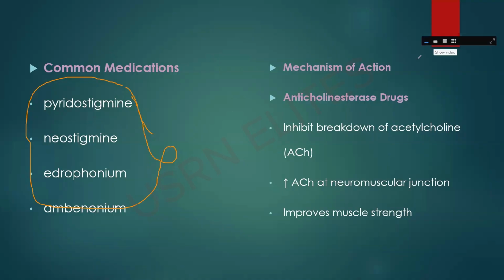Yes, I can hear you now. Okay, so what I understand is that in Alzheimer's disease, acetylcholine is low in the brain. So all the drugs are working in the brain. But myasthenia gravis is happening in the neuromuscular junction, so it is always that acetylcholine is low in the muscles.